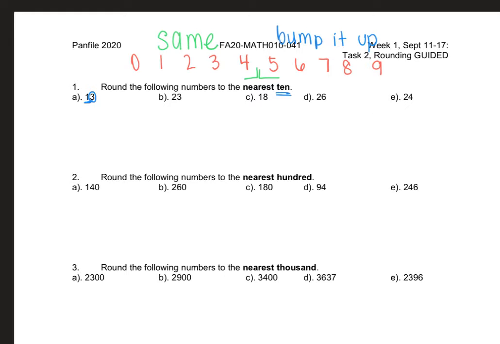So the 3 falls right here, which means it's in the same section. So the 3 is keeping the 1 the same, okay? It doesn't mean the 3 stays the same. It means the 3 is keeping the 1 the same, because remember, we're rounding to the nearest 10. The tens place is the place that we care about.